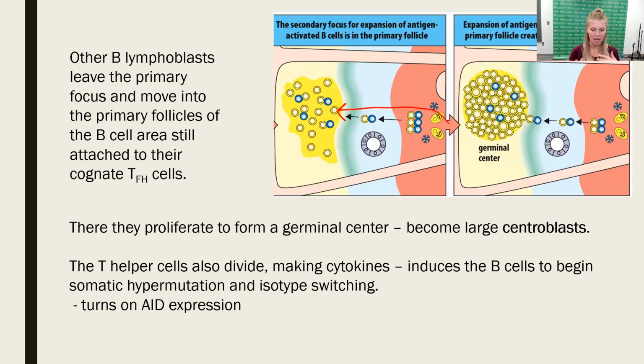And so these cytokines that the T cells are making are going to induce the B cells to turn on somatic hypermutation at this point now. So we're not doing the RAG enzymes, but rather we're doing AID.